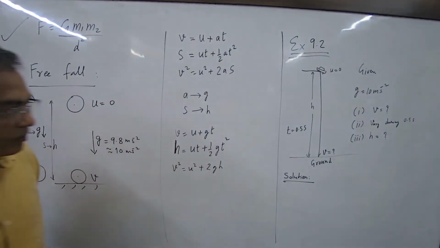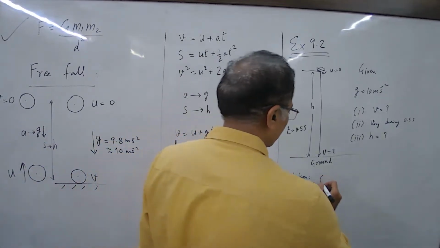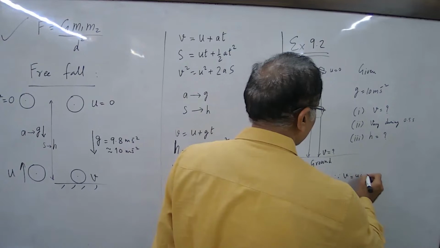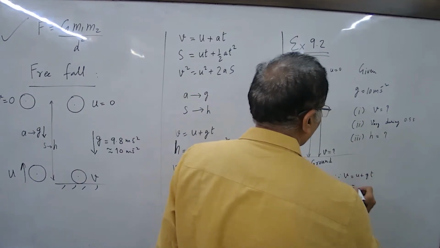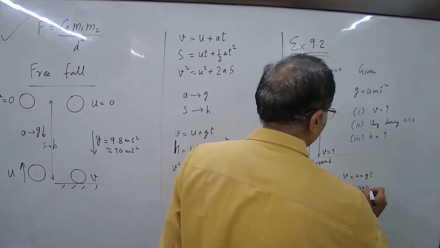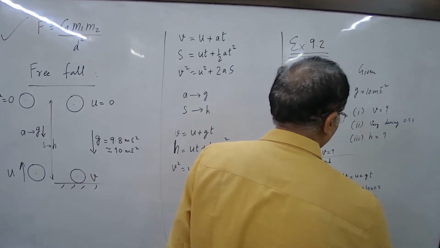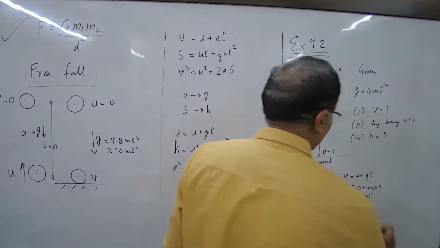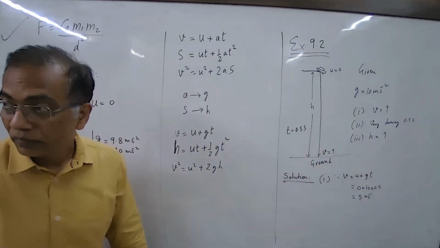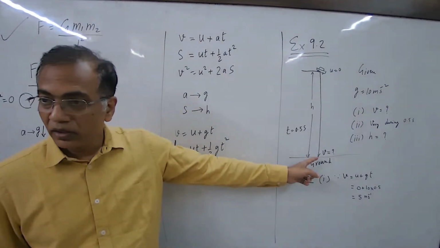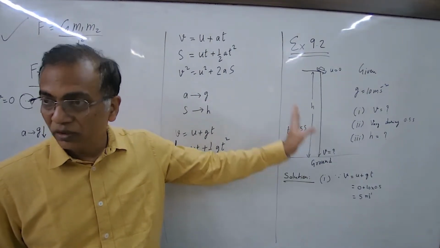The first equation. So for first, since v is equal to u plus gt, u is 0, g is 10, and t is 0.5. So this is 5 meter per second. Okay. So the velocity with which the object will hit the ground is 5 meter per second.